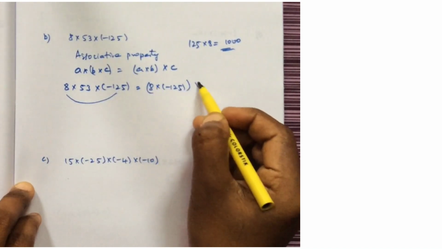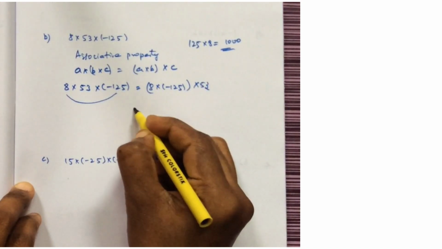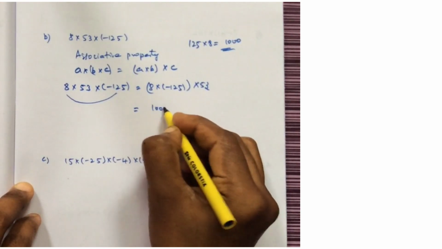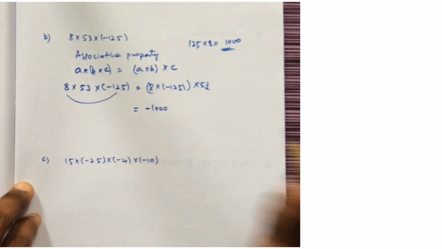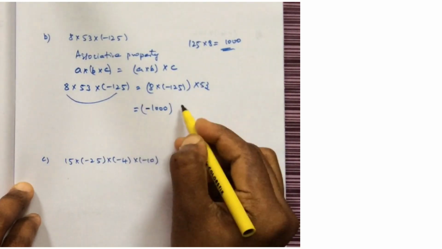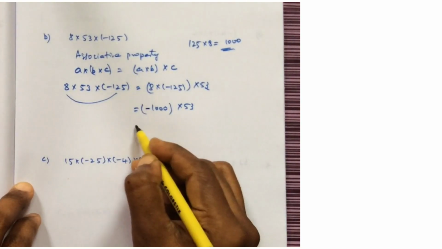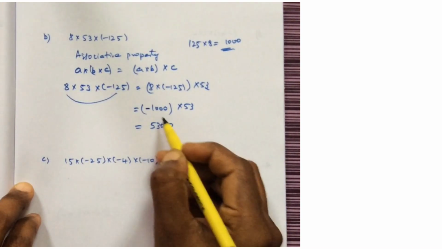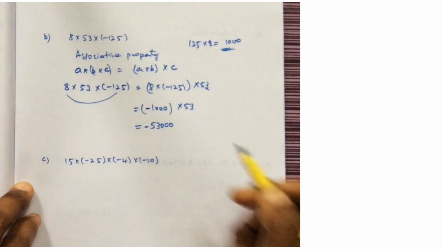To this answer I am multiplying 53. So 8 multiplied by 125 is 1000, plus into minus is minus. To this I am multiplying 53. So now the multiplication is very simple. This is 53, 1, 2, 3, 3 zeros, plus into minus is minus.